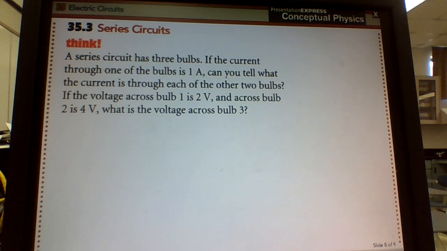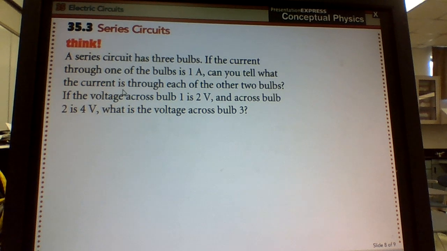So if I have a series circuit, current through one of the bulbs is 1 amp. Can you tell what the current through each of the other 2 bulbs is going to be? The answer here is yes. If it's 1 amp through the first one, it's got to be 1 amp through the second one, it's got to be 1 amp through the third one, and so on and so on. Now, the second question is a little more difficult to answer because they left off some information, but we're going to assume it's a 9-volt battery that we were just talking about.